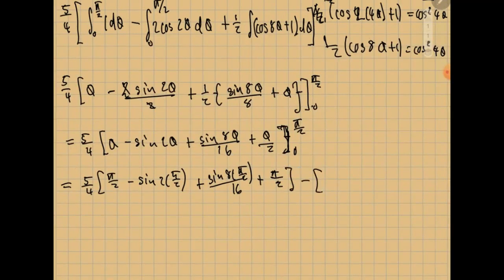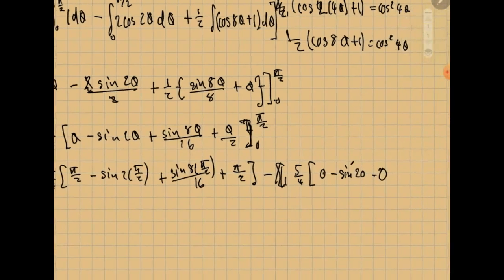Then minus, when we put 0, it's still 5 over 4 outside. And then it's multiplying. Instead of pi over 2, it's 0 minus sine 2 by 0. Any sine of 0 is 0. We can just put zeros to save time. So this goes to 0. And we now have theta over 2, which is 0 over 2, and that's just 0.